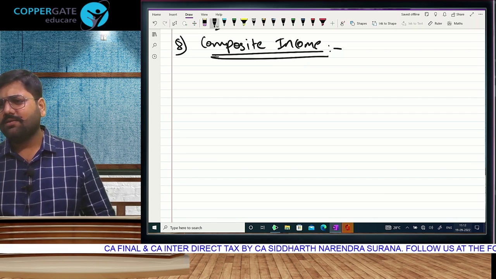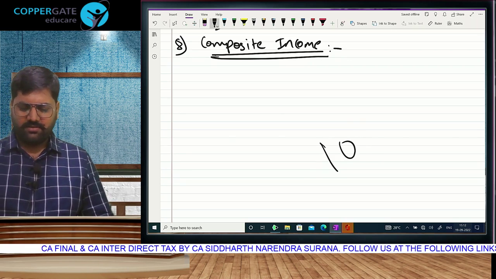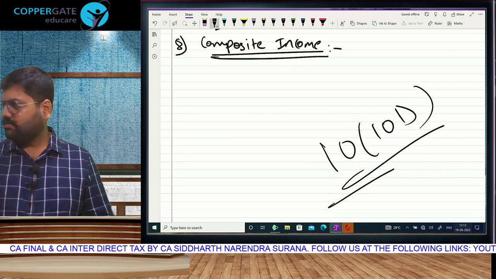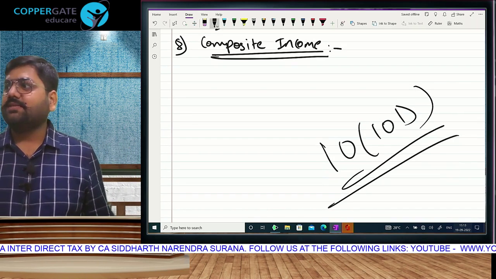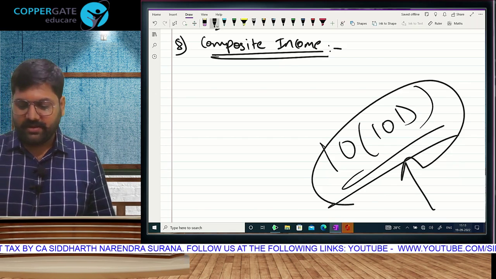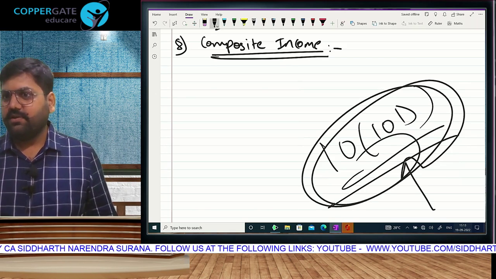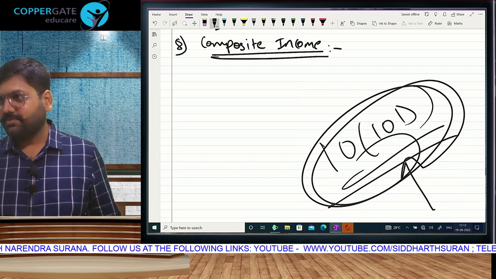Who said that? So when that section comes, it will tell us when insurance money is exempt, and anything that does not fall in this is insurance money which is taxable. Did you understand?